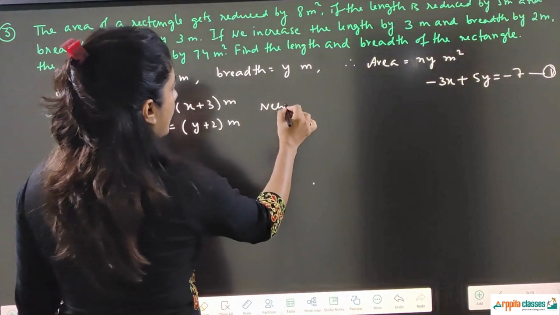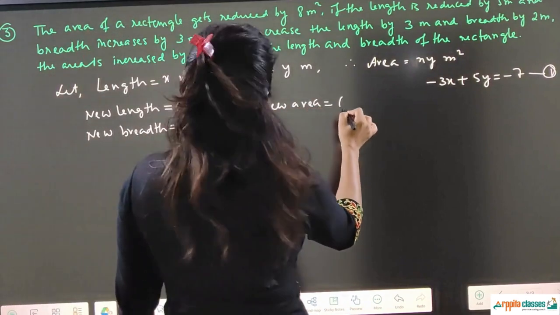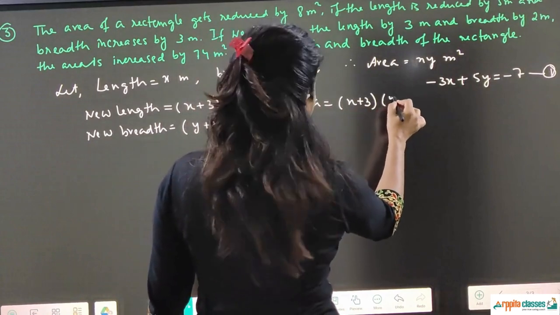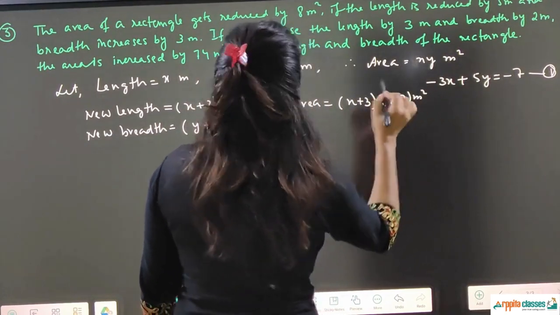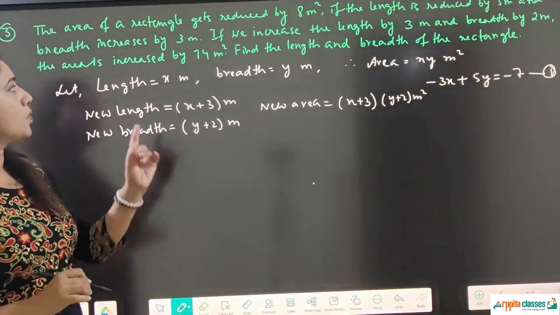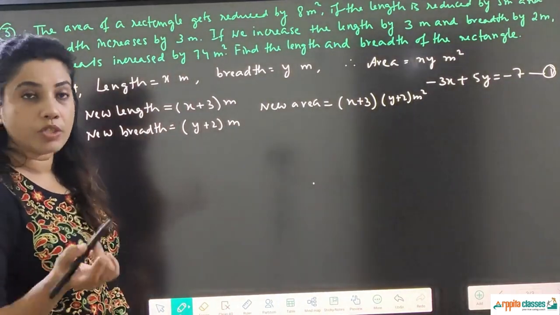Therefore the new area is x plus 3 into y plus 2 meter square, and they are saying this area is now 74 meter square more than the original area.